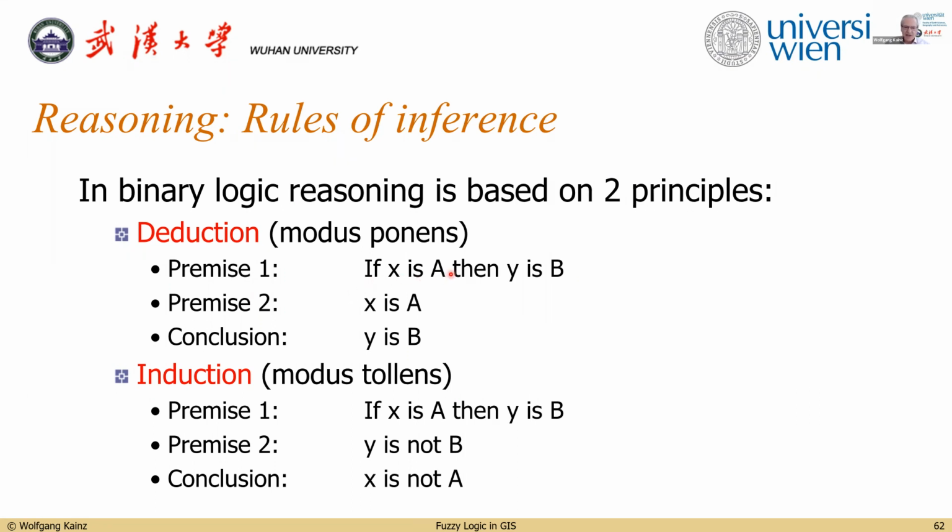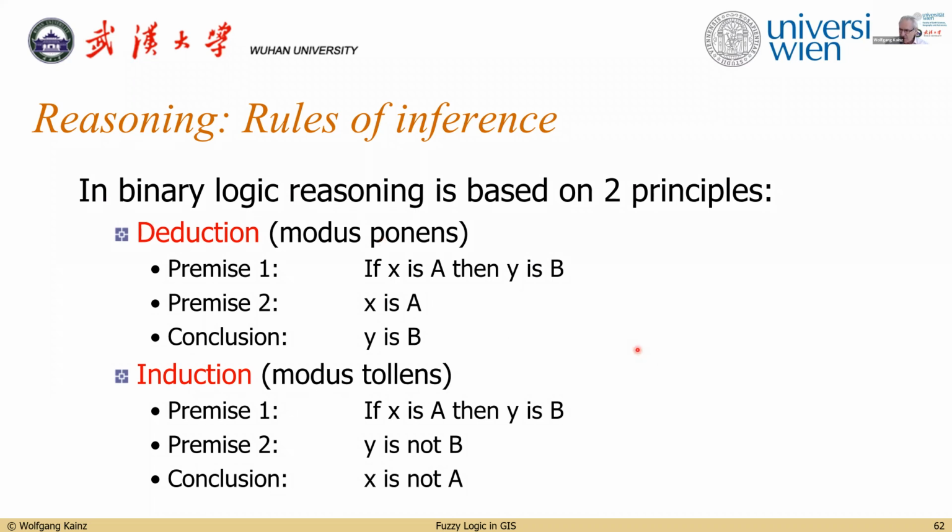If X is A, then Y is B. X is A, therefore Y is B. And in the other, more or less the other way around, the induction principle works in that way that says if X is A, then Y is B. Y is not B, therefore X is not A. So we will see that later on in our rule-based systems, we always use this deduction principle.